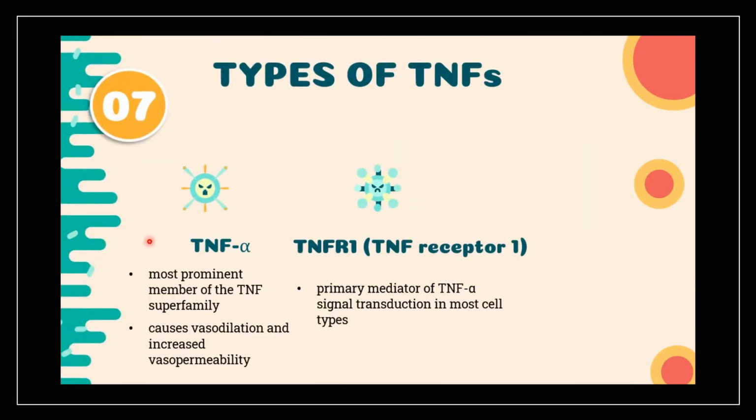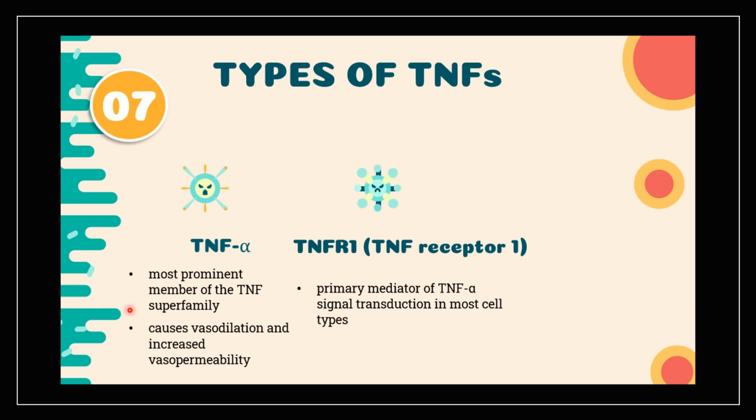For the types of TNFs, the first one is TNF alpha, and it is the most prominent member of the TNF superfamily, which consists of at least 19 different peptides. It is secreted by activated monocytes and macrophages and can activate T cells through its ability to induce expression of class II MHC molecules, vascular adhesion molecules, and chemokines in a manner similar to interleukin 1.